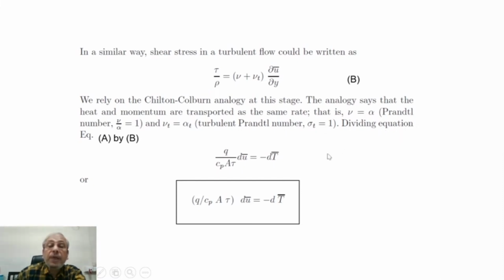So if we do invoke these two assumptions and divide equation A by B, we will be able to write Q divided by Cp into A, the area of exchange, into tau, du bar equal to minus d T bar.